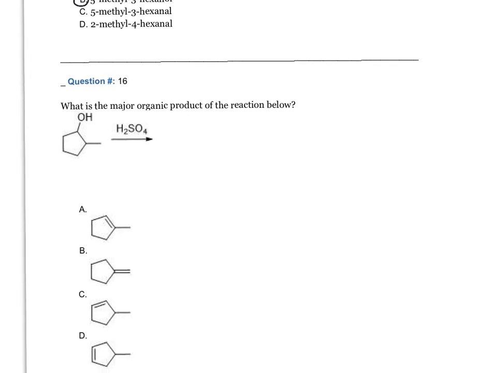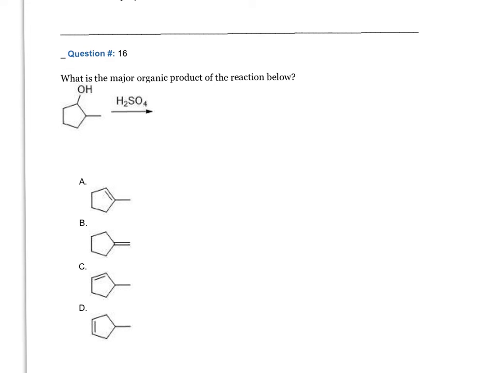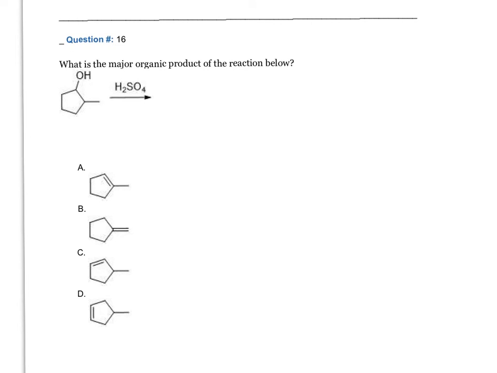Question number 16. What is the major organic product of the reaction below? For this type of problem, it's good to draw both possibilities. So the alcohol's here. That means the double bond's going to form to the left or to the right.